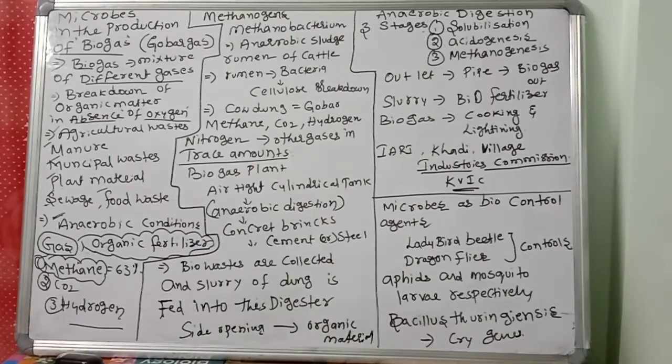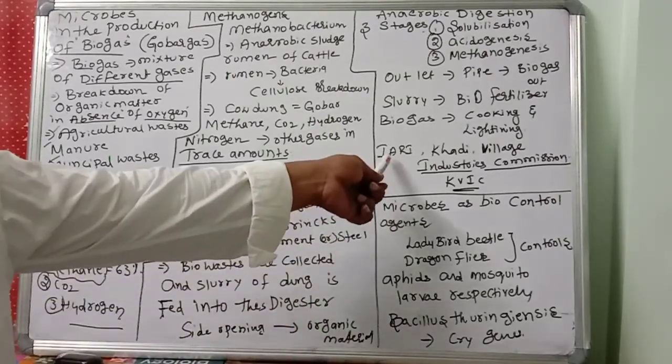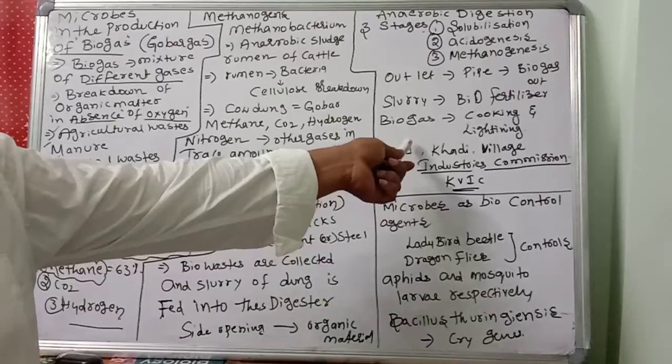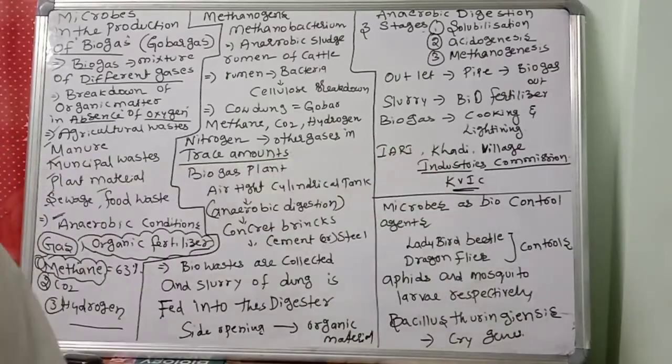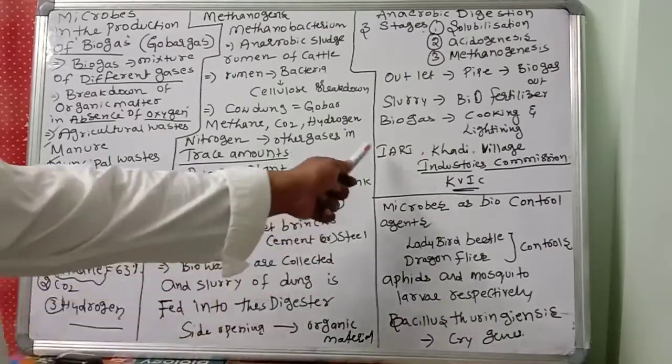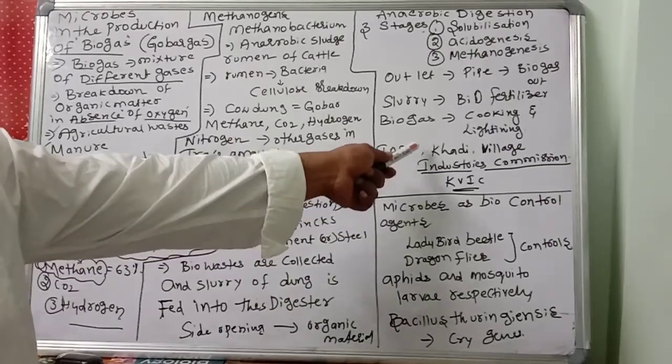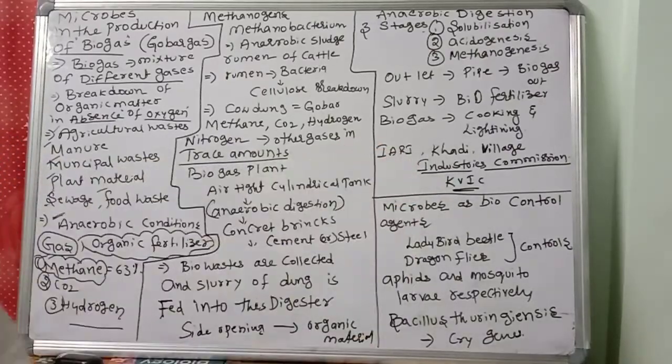Next, this biogas production technology in India was developed or encouraged by which organization? You know very well, Indian Agriculture Research Institute. IARI, Indian Agriculture Research Institute encouraged the farmers.